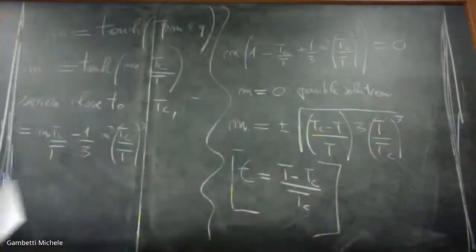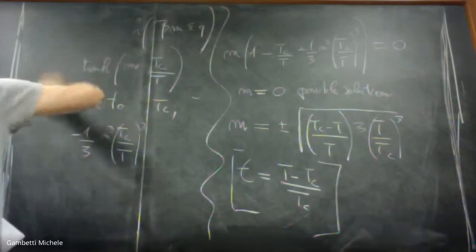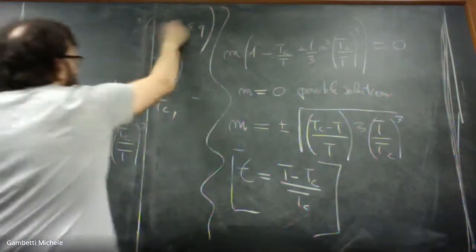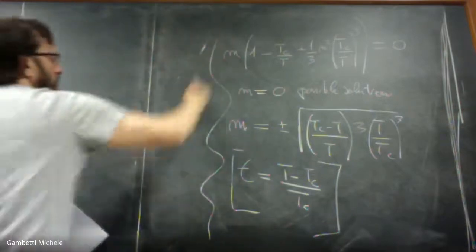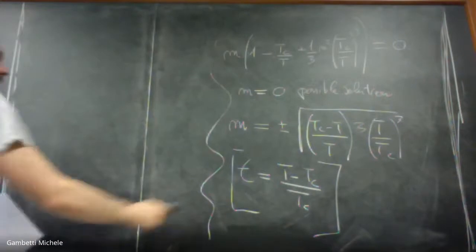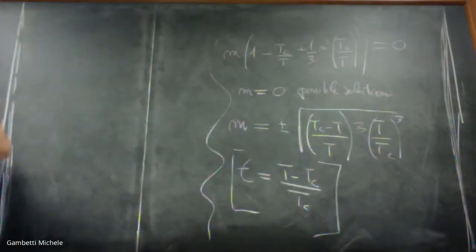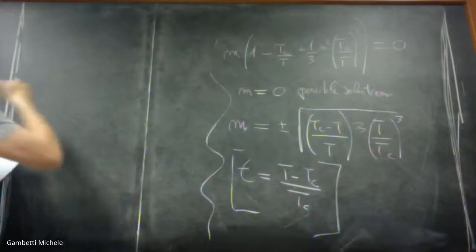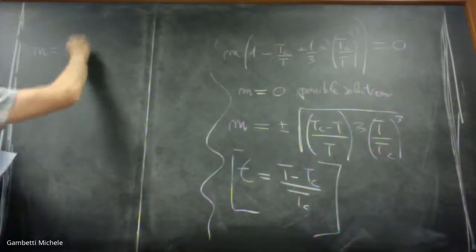If t is equal to 0, or is approaching 0 from left and from the right, I'm approaching basically the critical point. So when introducing this quantity t, I can rewrite the magnetization M as follows. Plus minus.